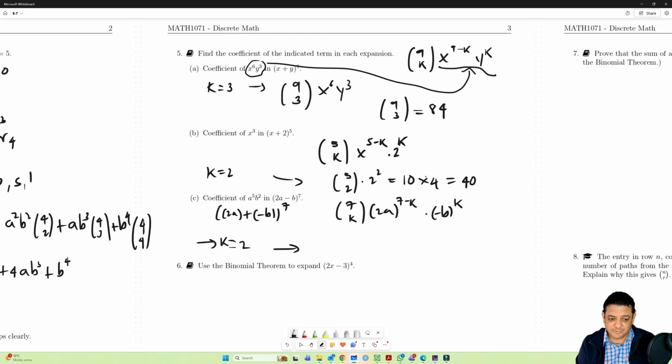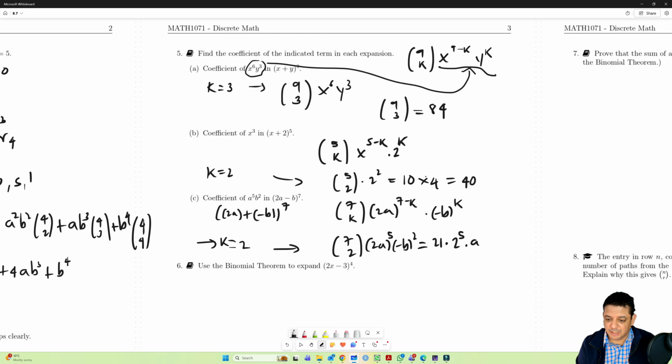And so what that means is that the coefficient is going to be 7 choose 2. And we're going to have 2a to the power 5, right? Minus b squared. And so when we plug all this together, notice that this is going to be 7 choose 2 times 2 to the 5 times minus 1 squared.